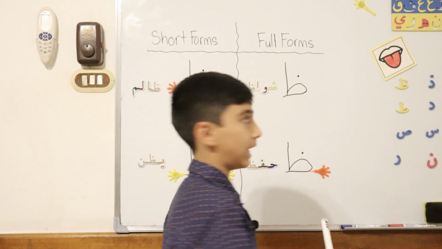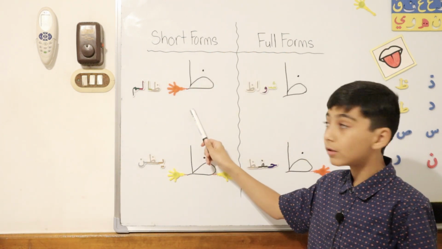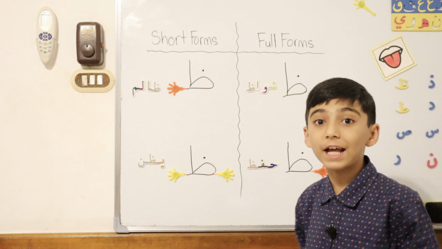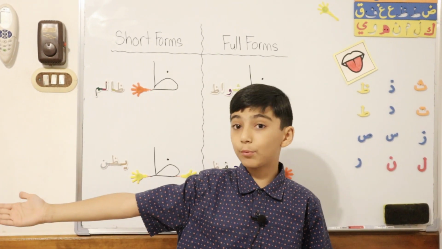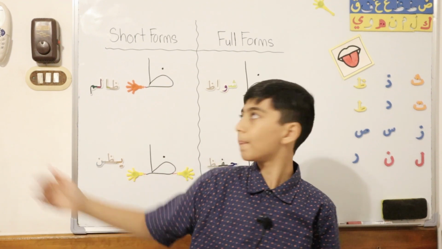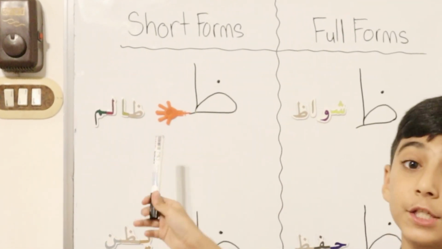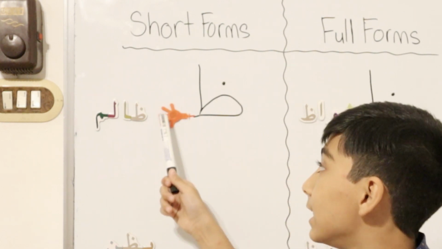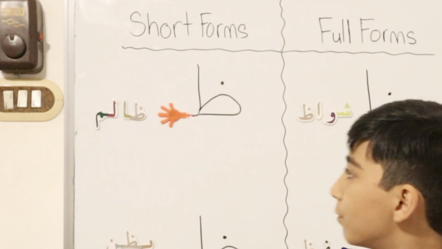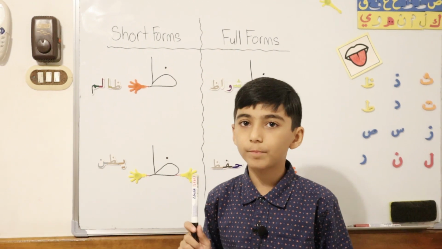In the third case, over here, Fa is connecting its arm, but in the opposite direction, this way. So we can see in this word, the Fa is connecting to the Alif after it, but it is not connecting before it.